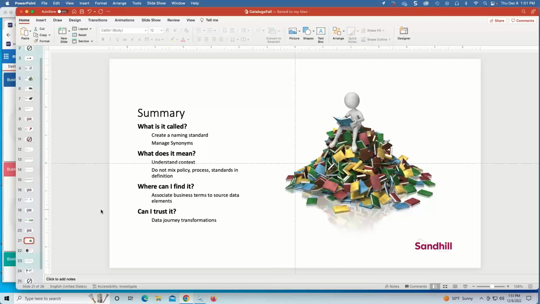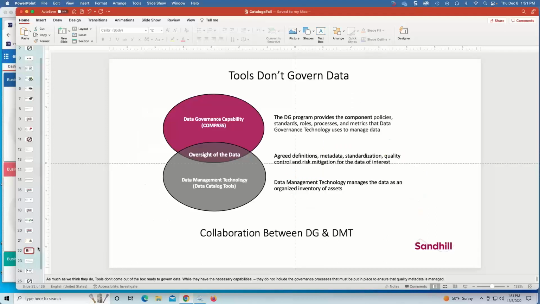So when we say data catalogs fail without data governance, what we're saying is you can roll it out, you can put stuff in there, but people won't use it if they don't trust it. They'll start to do their own shadow IT or their own shadow data cataloging operation. So with that, I'm going to turn it over to Robert for his remarks.